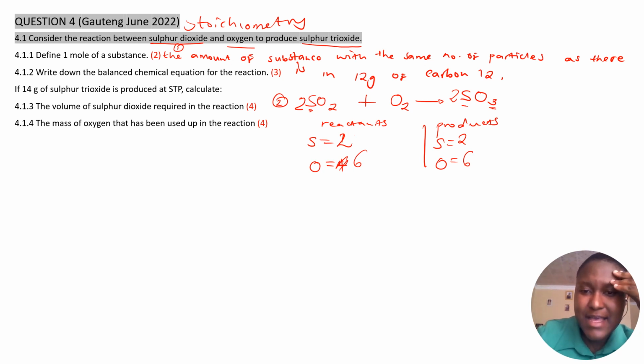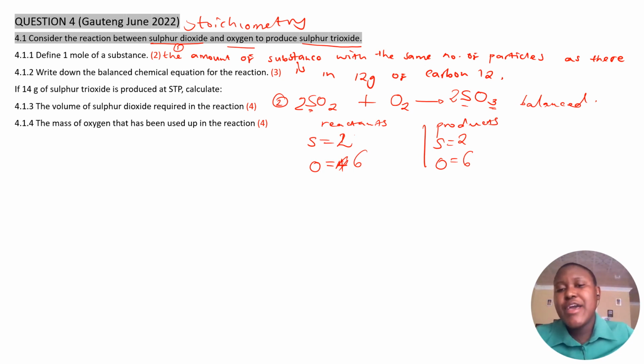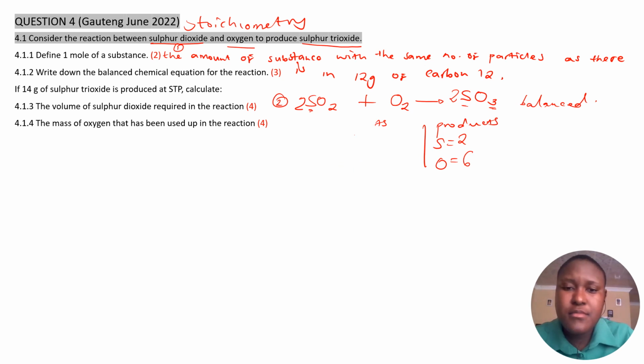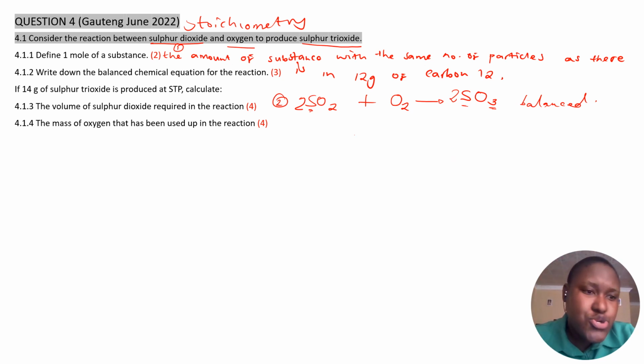So it is balanced. So the balanced equation would be 2SO2 plus O2, giving you 2SO3. Let me just write that out. That was question number 2.